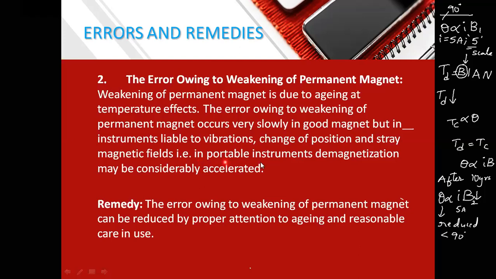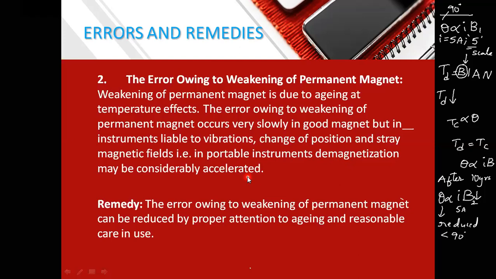Now, liable to those conditions of vibration, change of position, stray magnetic fields, etc., the demagnetization of the instrument or the magnet may be considerably accelerated. That means if you don't move the permanent magnet, if you don't place it in different environments of external magnetic fields or vibration, or in different positions, why?